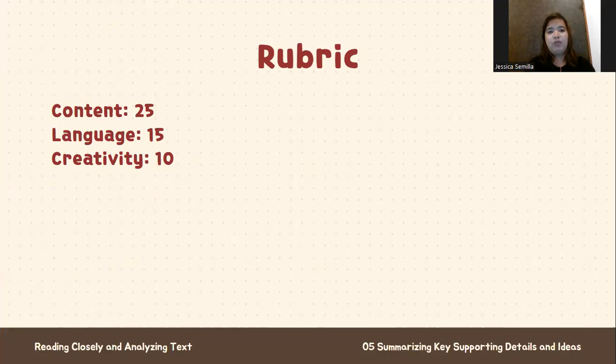So let's move on. The rubric for your cultural analysis presentation has three criteria: content at 25 points, language at 15 points, and creativity at 10 points.